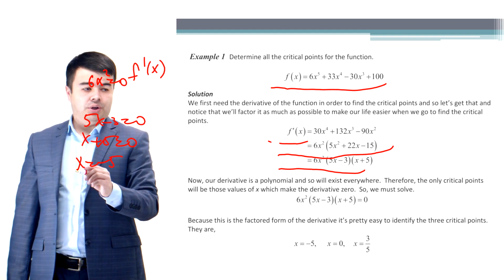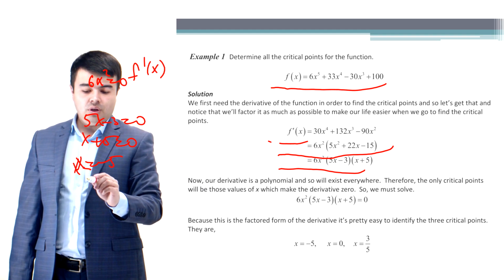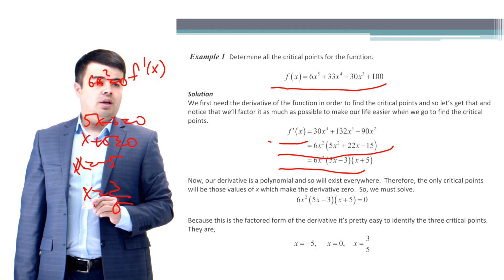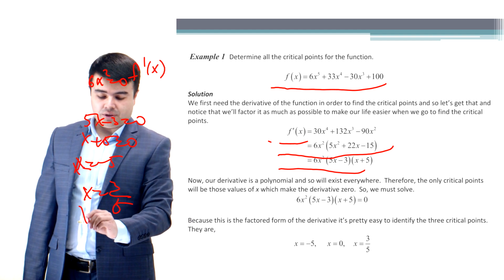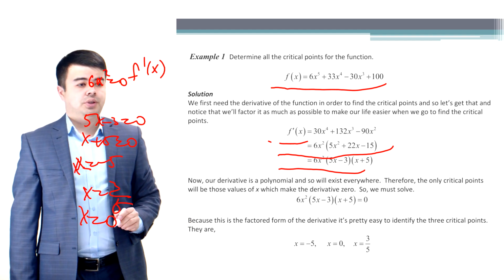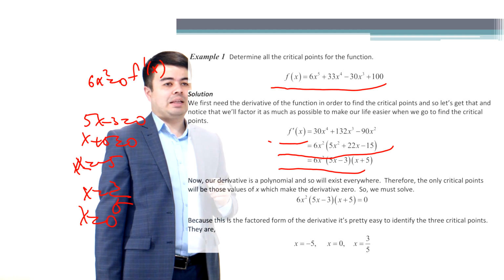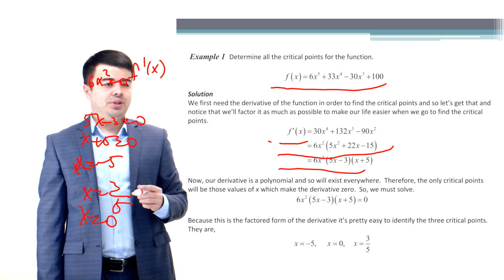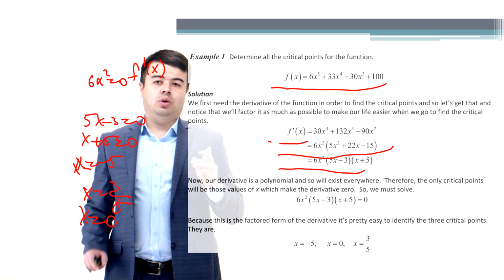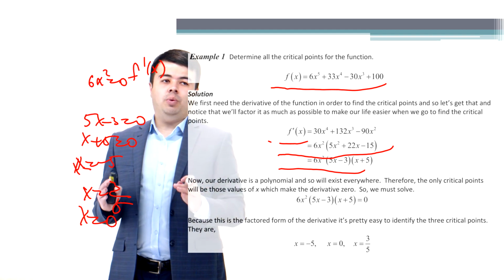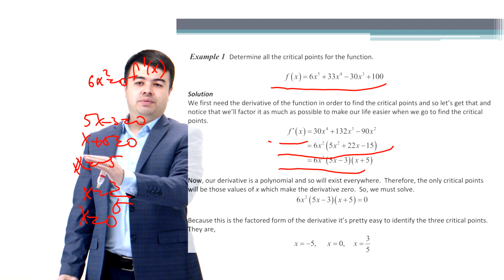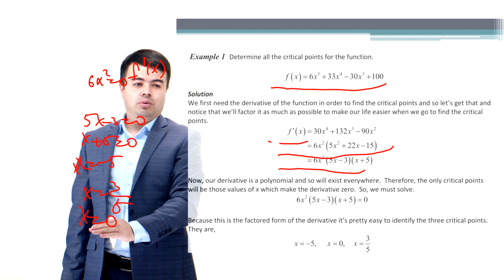From the second one, x equals 3 over 5. And the last one, x equals 0. So here we have three solutions, and these solutions are called critical points of the function. As you can see, we have three critical points: minus 5, 3 over 5, and 0.